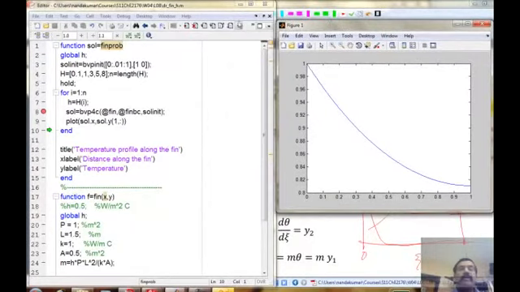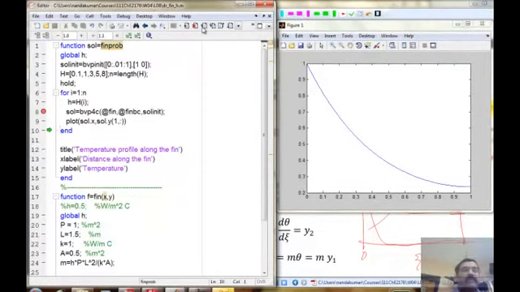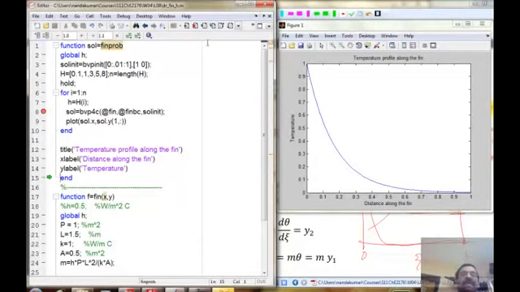Okay, so continue. I guess somehow I didn't execute the hold. Okay, I just wanted to run this again so that the hold is executed.